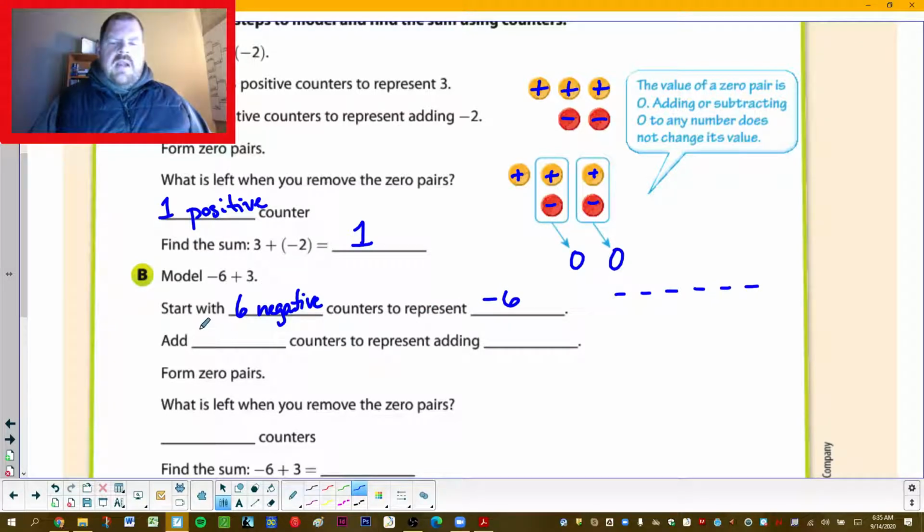I want to add in 3 positive counters right down below it. So positive, positive, positive. That represents adding 3, or positive 3. And then we want to form our zero pairs. There's a pair. There's a pair. And there's a pair. And all these are 0.